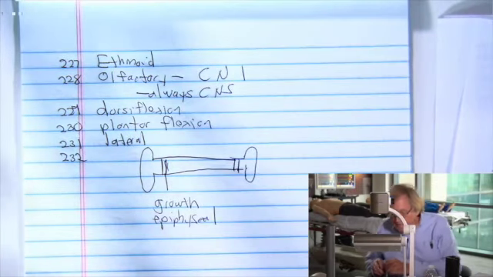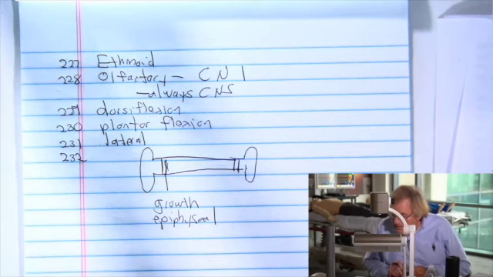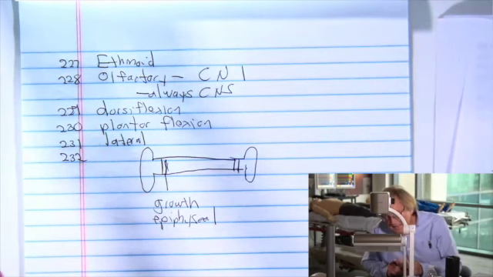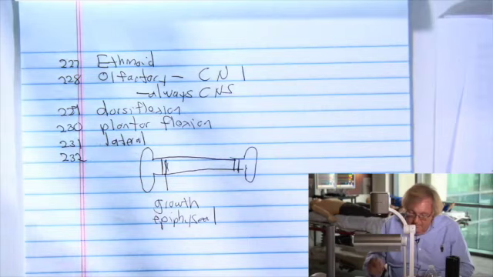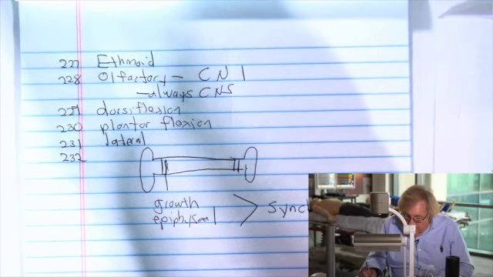And it's that growth plate or epiphyseal plate that controls the growth of something. And so therefore, because that's got some cartilage inside of it, that forms what's called a synchondrosis.